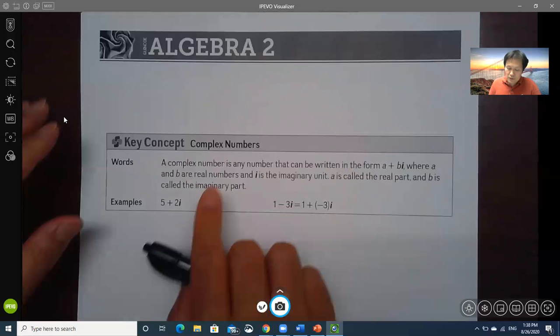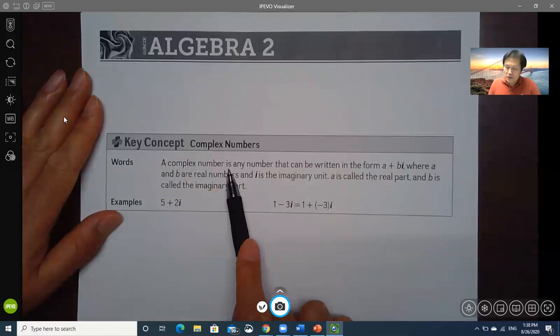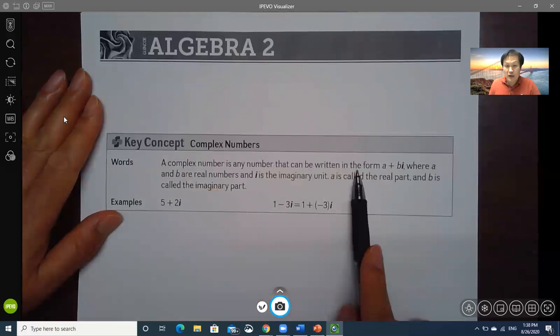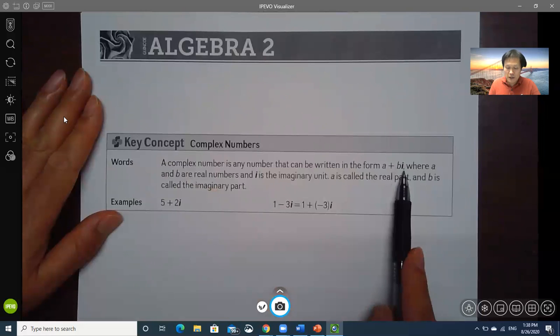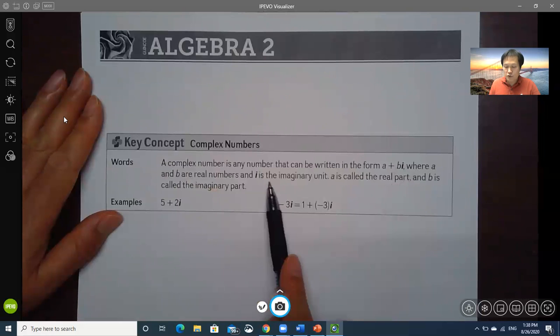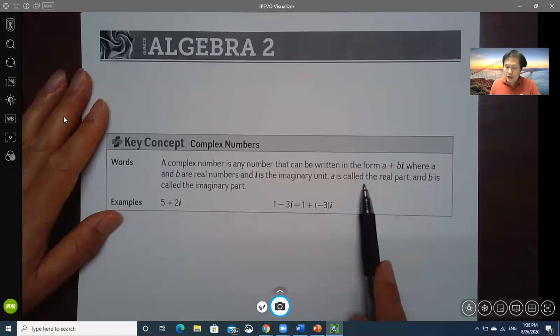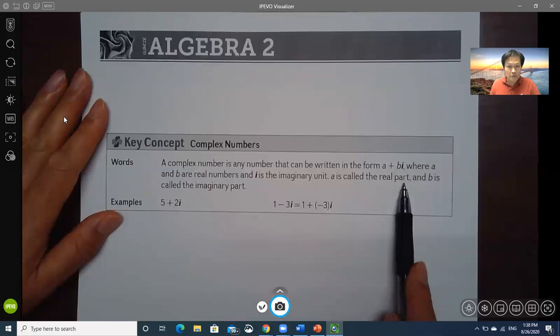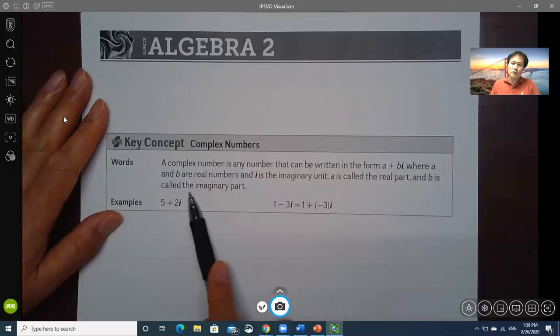Complex numbers. A complex number is any number that can be written in the form a plus bi, where a and b are real numbers, and i is the imaginary unit. a is called the real part, and b is called the imaginary part.